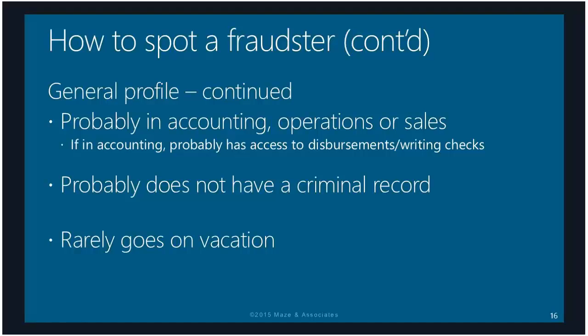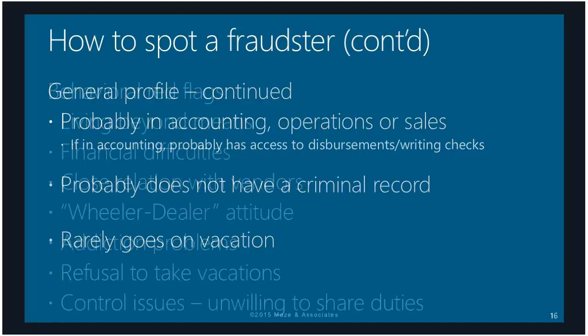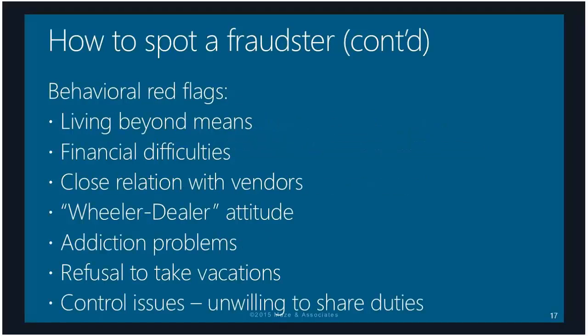And so these are some of the key behavioral red flags that you'll see with a fraudster: living beyond their means, so extravagant lifestyles, that sort of thing; financial difficulties, talking about money woes; close relationship with vendors, so this would be more in line with corruption, or if they're getting kickbacks; a wheeler-dealer attitude; addiction problems.